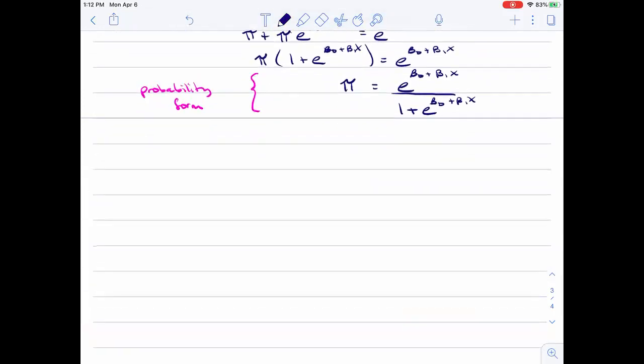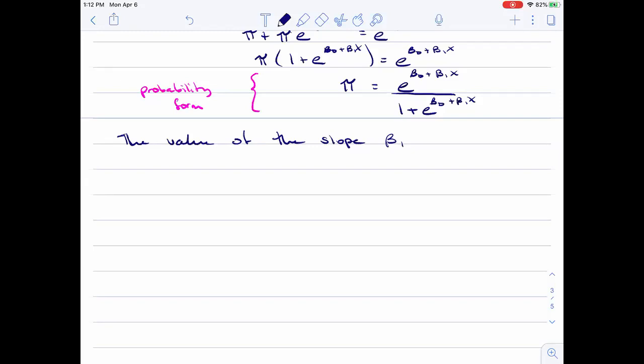So some fun facts: the value of the slope beta 1 determines the slope of the curve at pi equals 1/2. So pi, remember, is the probability of a success.